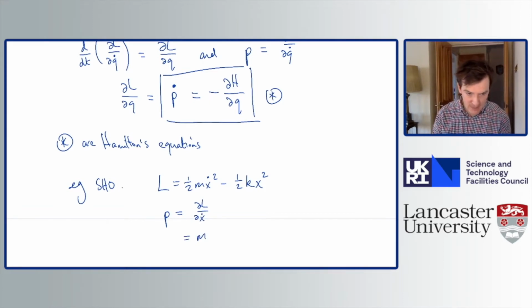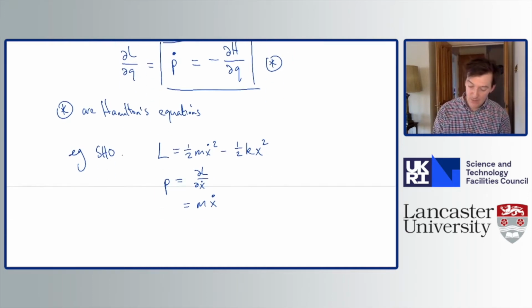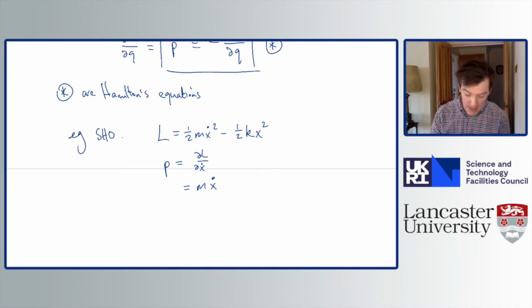In this case, it's simply m x dot, mass times the time derivative of x. Once we know L and p, we can work out the Hamiltonian using the definition: x dot times p minus L.